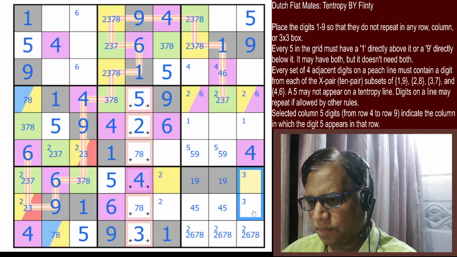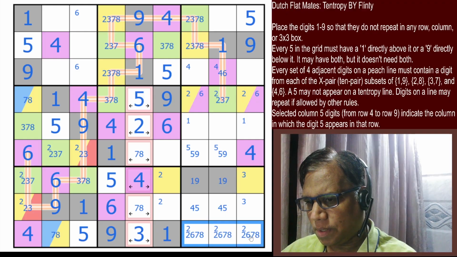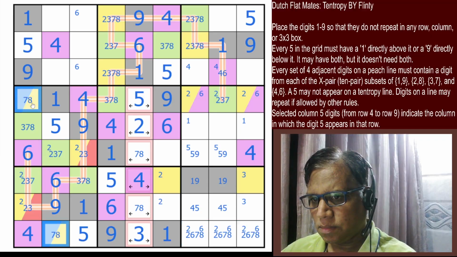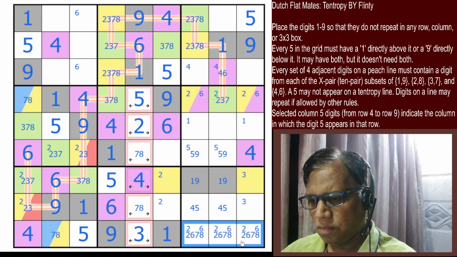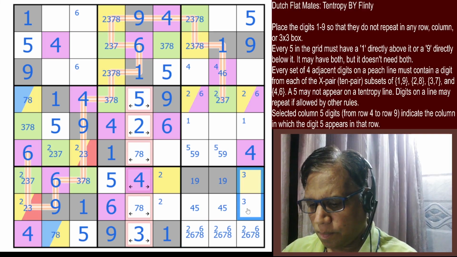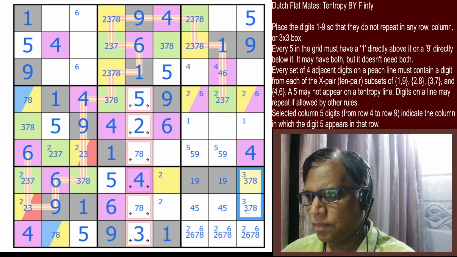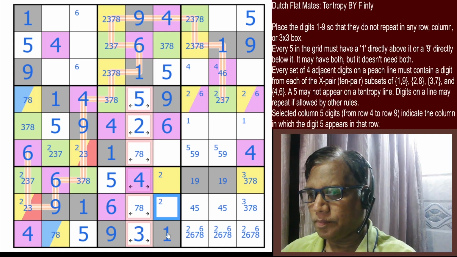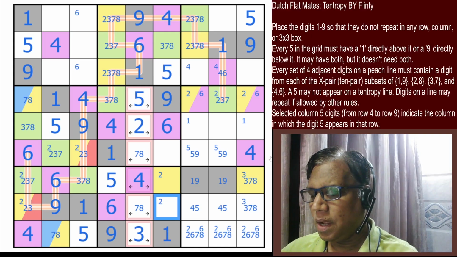And this is 3678. Oh, in fact, 6 is here, right? We don't know where, but this must have 2 and 6, and the other 7 8. And this is 378. Yep, those are 378. I'm making this complicated.